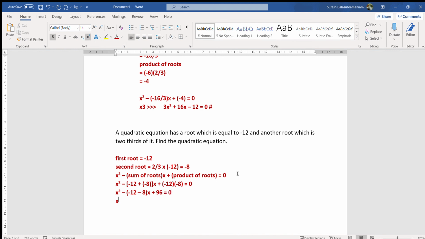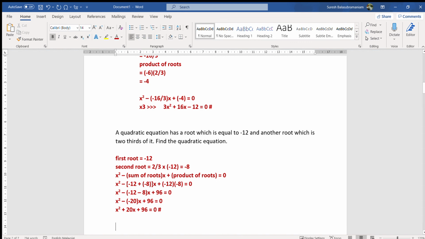So x square minus -20x plus 96 equals to 0. X square plus 20x plus 96 equals to 0. Okay, that will be the answer.